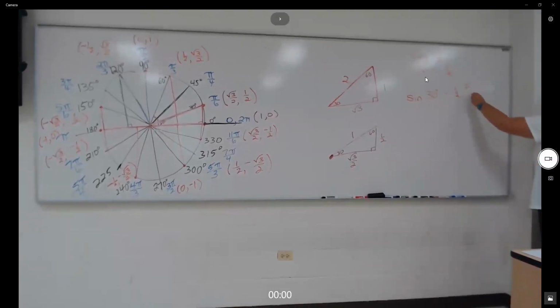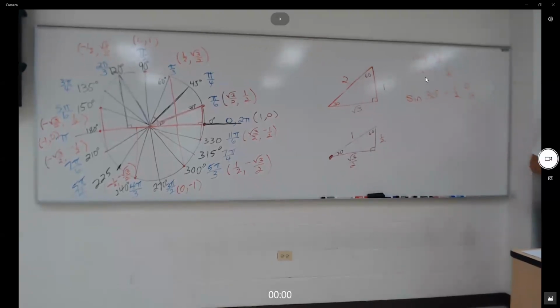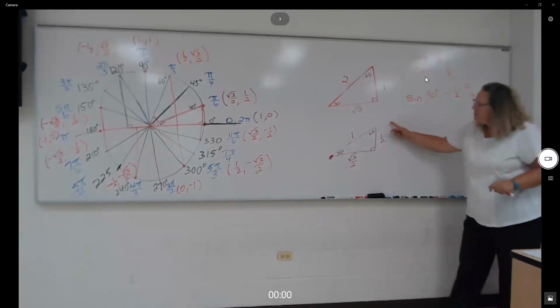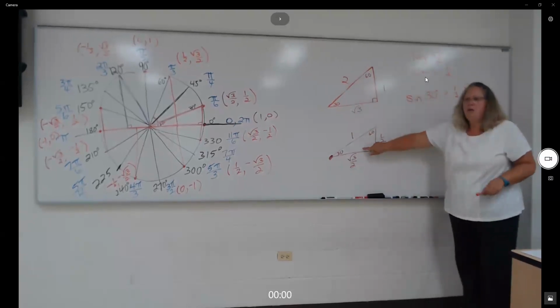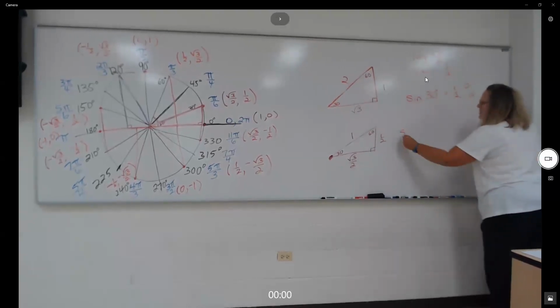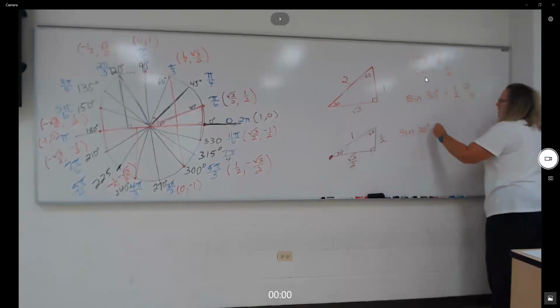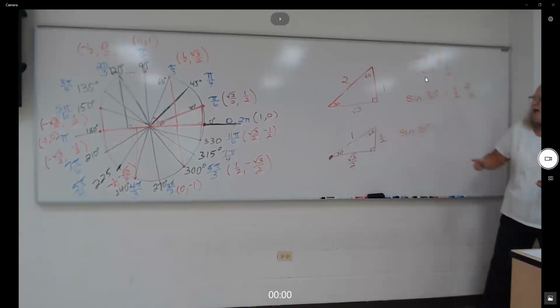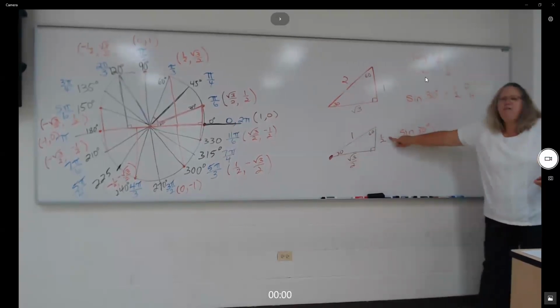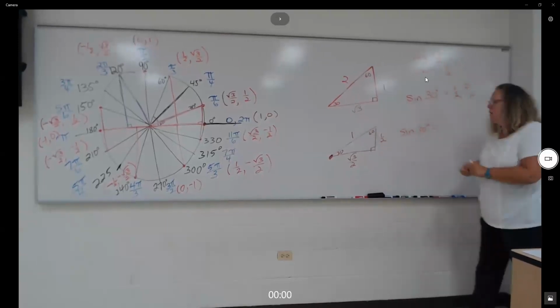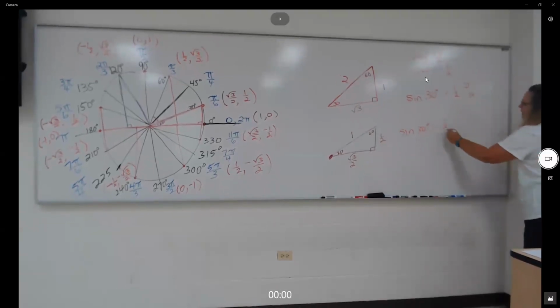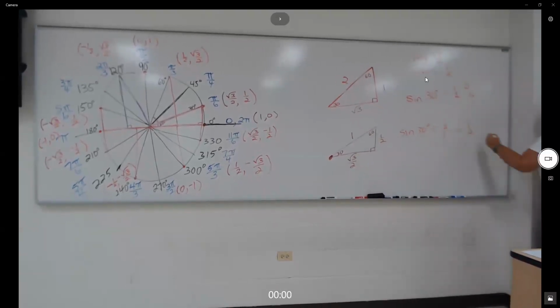Now I'm going to do the same thing on this one, once I divide by 2. Sine of 30 degrees: opposite is 1/2, but hypotenuse is 1. So 1/2 technically over 1, which still takes us to 1/2.